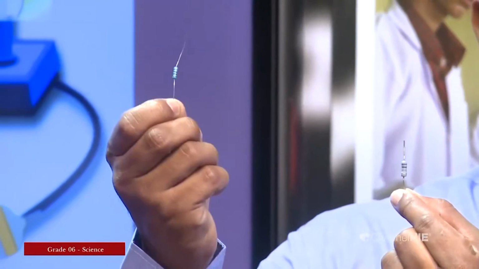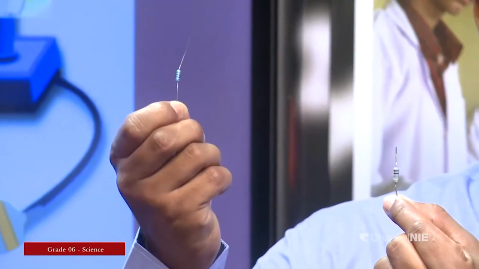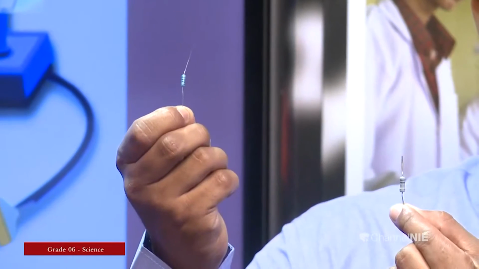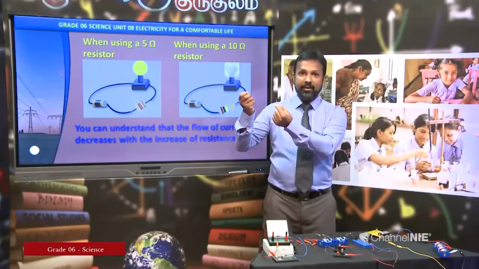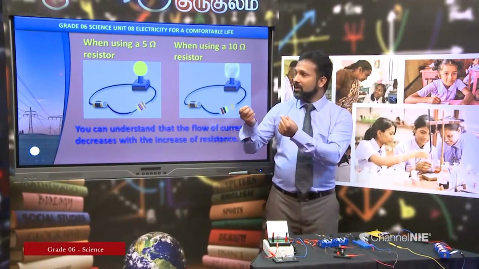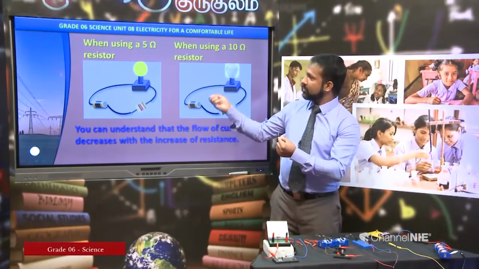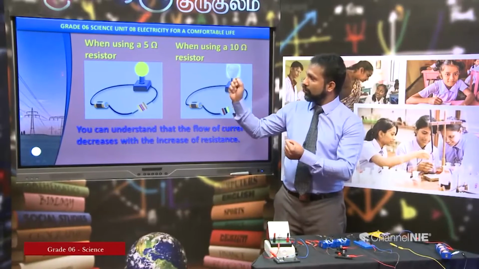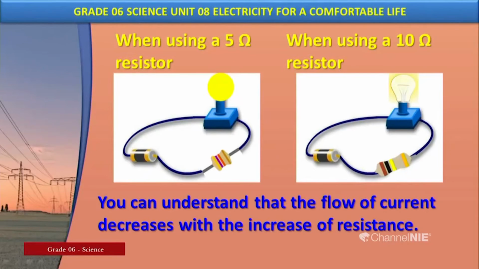This has 10 ohm resistance. Let's connect both the resistors to the circuit and find out the difference here. Right. As you can see in this diagram, first of all, I am going to connect the 5 ohm resistor to the circuit.